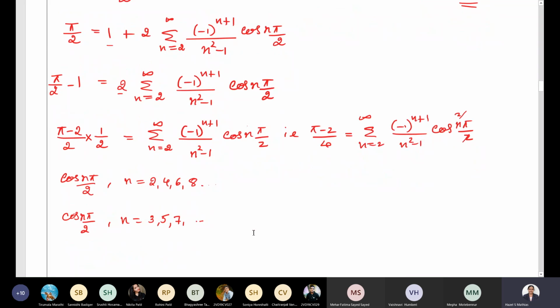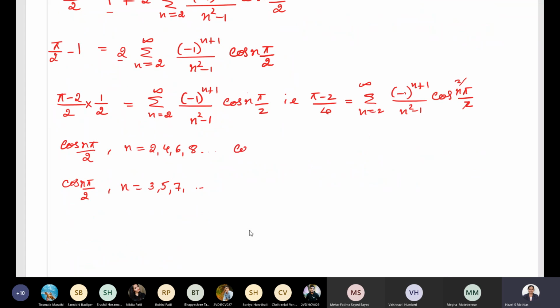If I put n equal to 2, I get cos pi; n equal to 4, I get cos 2 pi; n equal to 6, I get cos 3 pi. What are the values of these? Minus 1 and plus 1.